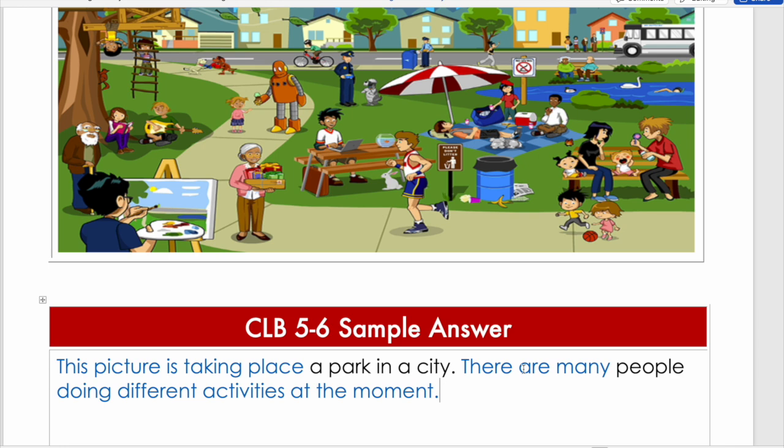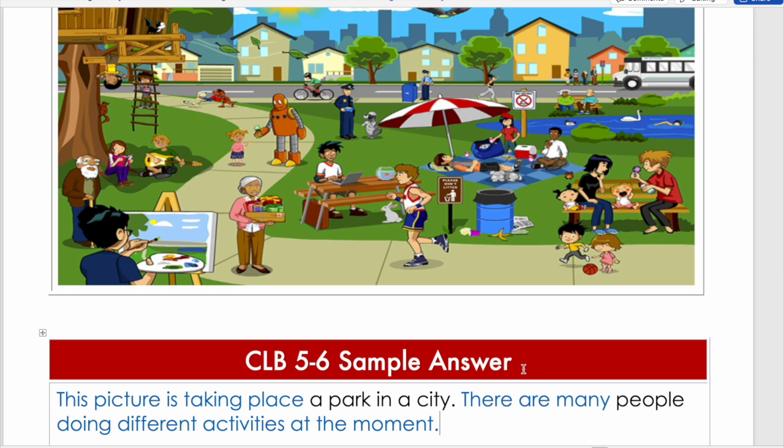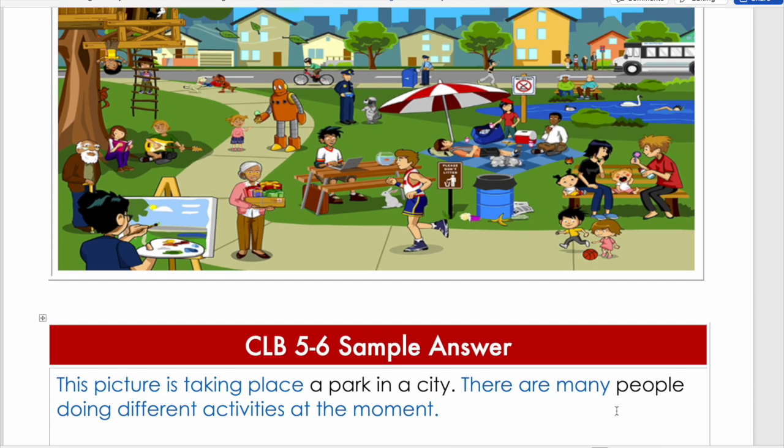That's good. Or we can be more direct. We can say there are many adults, children, and visitors at the park doing different activities at the moment. That's more direct for higher levels. But many people doing different activities is good. Okay. Right. There we go.